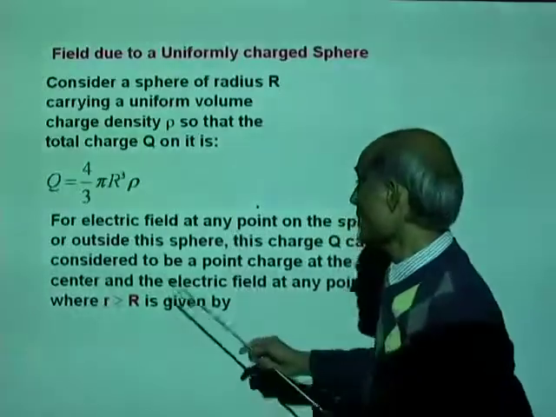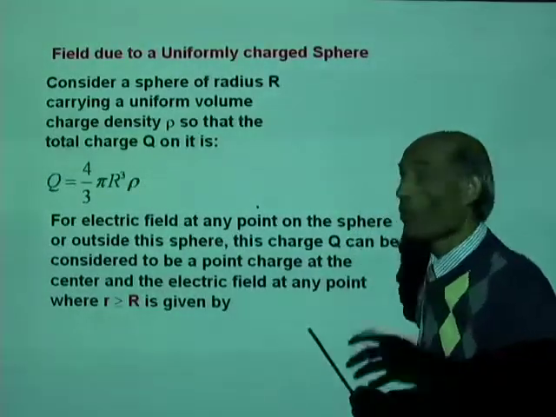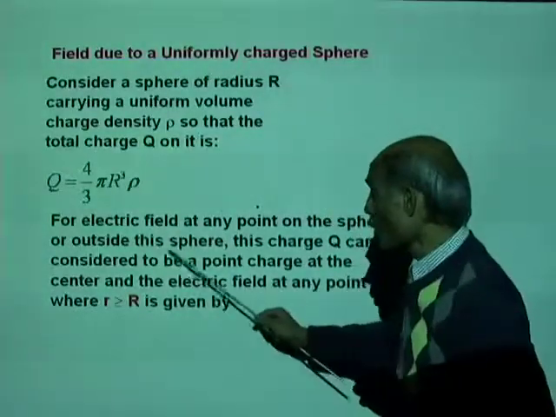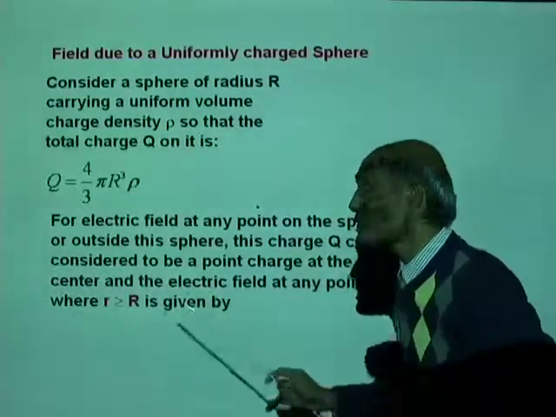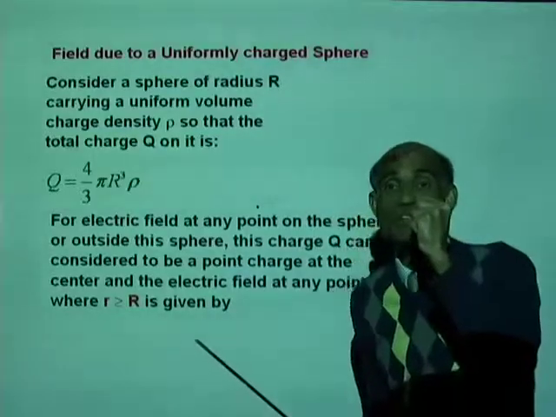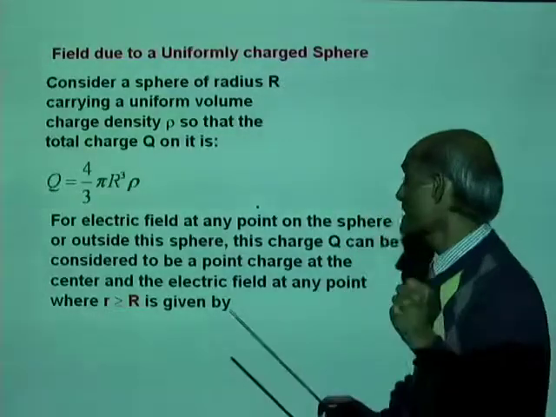In the same way, for electric field at any point on the sphere or outside the sphere, this charge Q can be considered to be a point charge concentrated at the center.